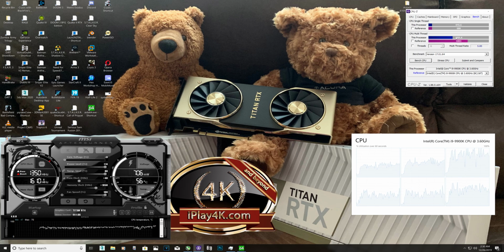So guys, a single thread performance of 615 points, which compared to the i9 9900K at 580, so I'm about 35 points more, and it's going to give me some FPS advantage per single thread in gaming applications.